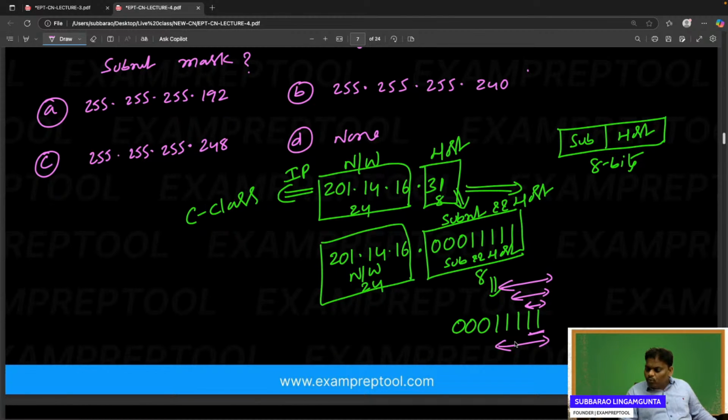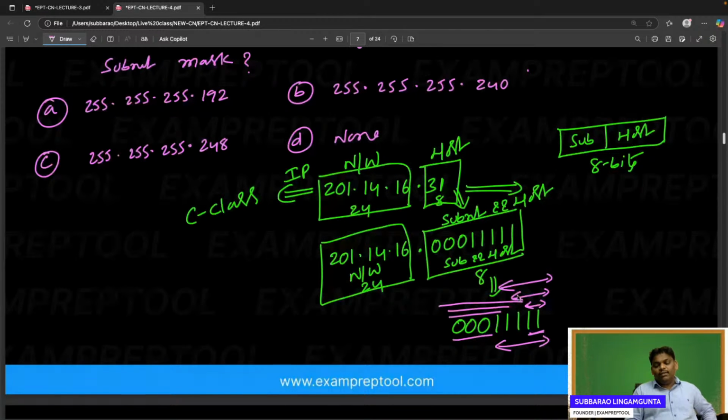So the host part may be 5 bits, 4 bits, 3 bits, or 2 bits. So the subnet part may be 3 bits, 4 bits, 5 bits, or 6 bits. Maybe 7 is not possible.